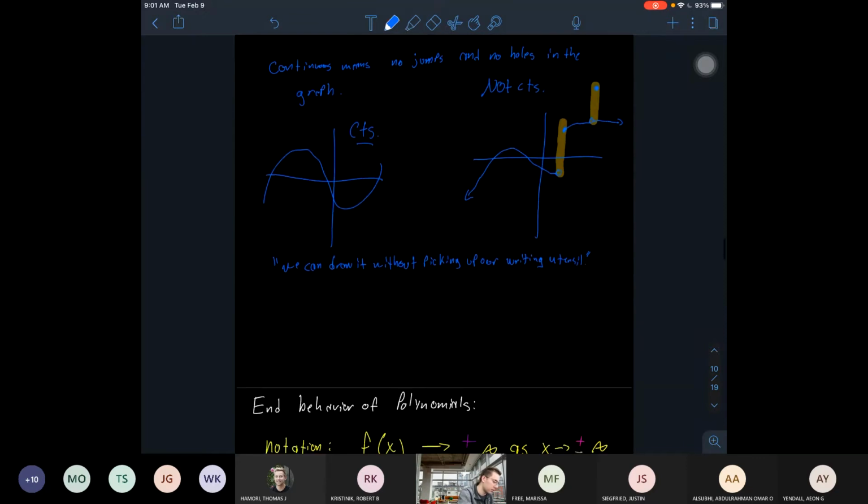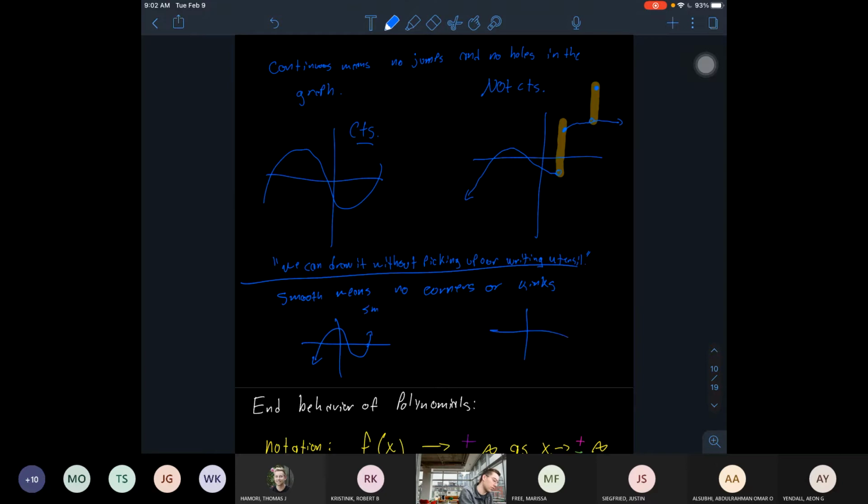So let me talk really quickly about what smooth means. Smooth means no corners or kinks. Okay, so again, continuous, nice and smooth and curvy.